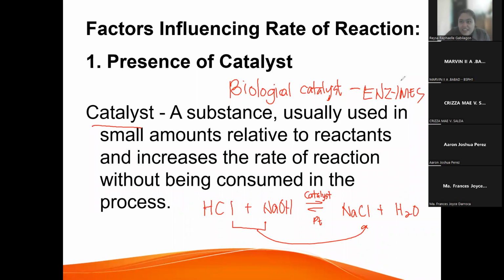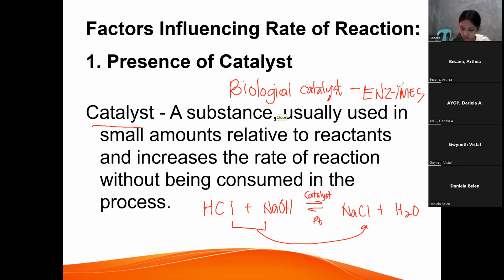These are the enzymes. Okay. I believe you are very familiar with enzymes. The enzymes in our body, very good, yun yung ating tinatawag na biological catalyst. They are present inside our body to speed up the chemical reactions. Okay?